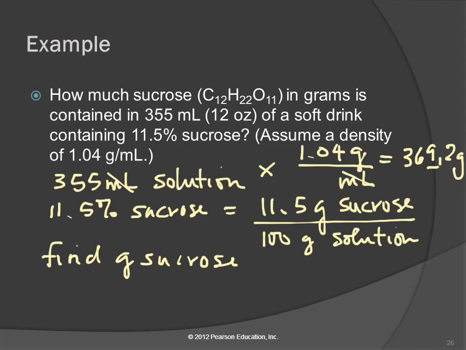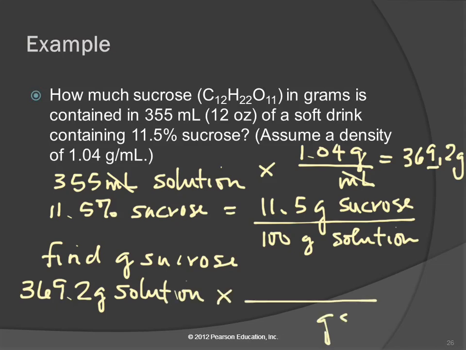So 369.2 grams of solution times, we want grams of solution on the bottom and grams of solute on top. So we get the units in there first, and then we put the numbers in.